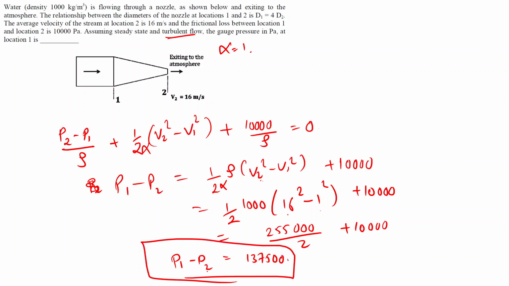Now we have to find the value of P1 gauge pressure, and these are ultimately absolute pressures. So we can also write it as P1 gauge minus P2 gauge is equal to 137500.